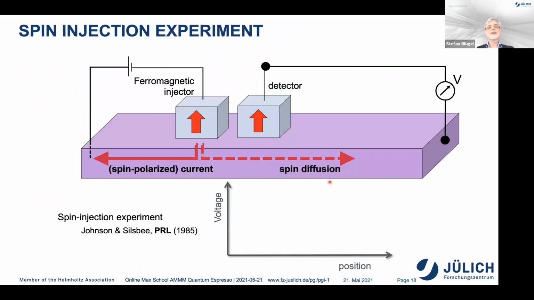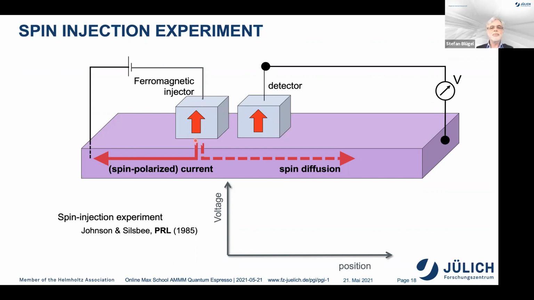And you can now think of a Gedanken experiment or a real experiment. So imagine you have here a magnetic material, and this magnetic material has the spin polarization pointing up. Now you run an electrical current through that system and it becomes spin polarized.